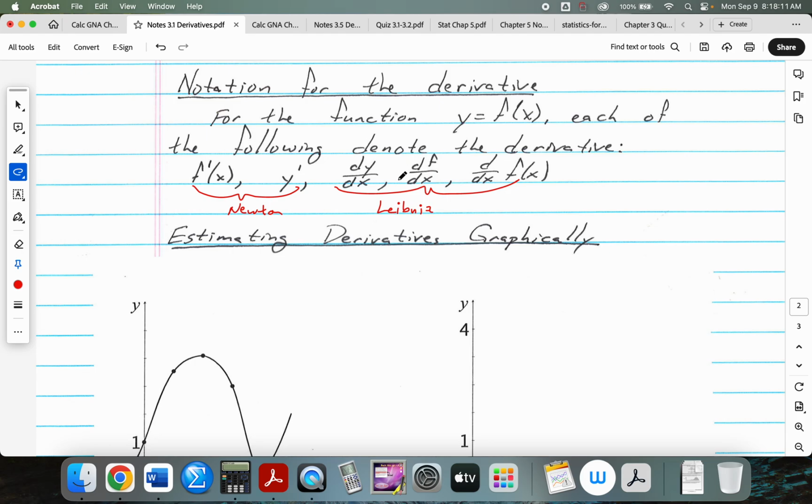You don't see this one very often, df dx. You will see this one. I kind of like this one also because it becomes an operator. This tells you to take the derivative with respect to the variable x of the thing that comes after it. On the other hand, the Newton notations are nice because they're shorter.